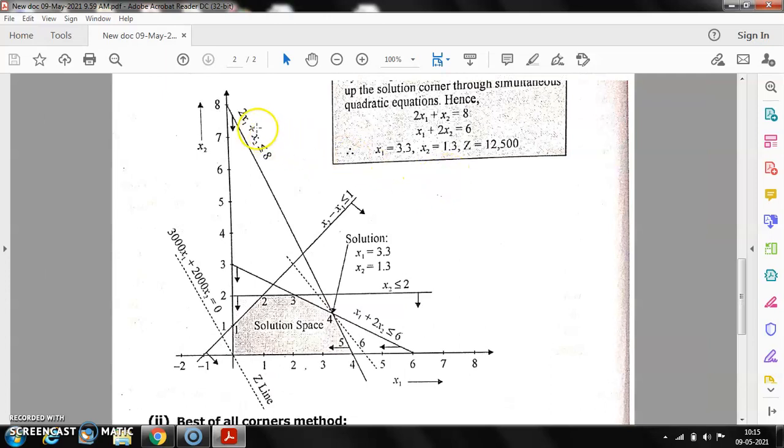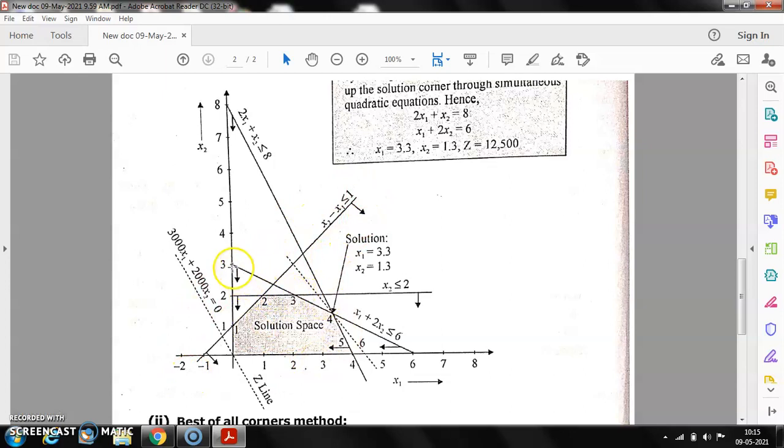So this is the 2x1 plus x2 is less than or equal to 8. This is the line we have drawn by taking the sets of values from this equation. Then x2 minus x1 is equal to 1. Again, with the help of these values we have drawn a straight line in this graph.